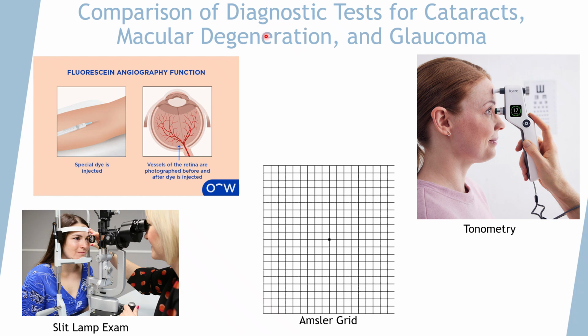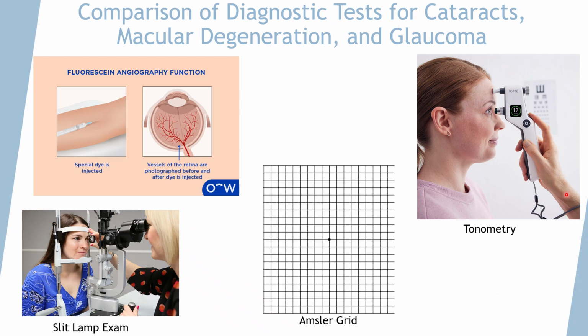So some diagnostic tests that we might use for these patients are some specific tests such as the slit lamp exam, and that would be this one right here. That's a more common one for cataracts.